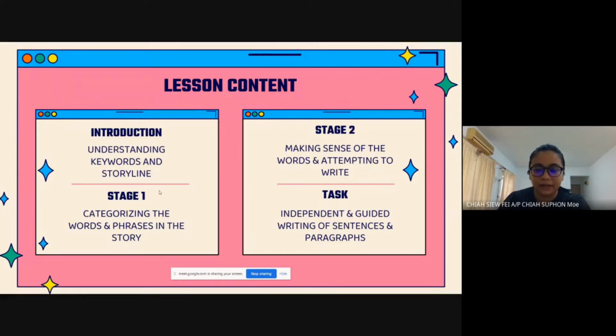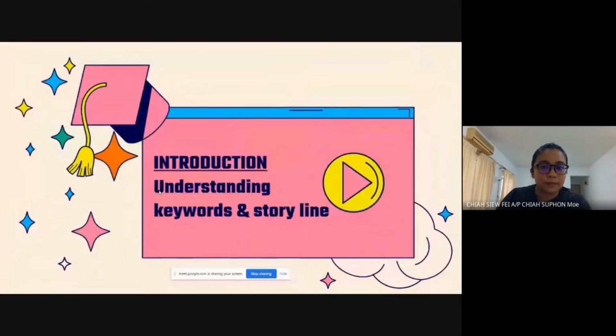By the end of the lesson, I will be guiding you through a brief writing task, independently and also guided, where you can write sentences and paragraphs using a writing template that I will be explaining soon. All right, so this is the first part of the lesson, the introduction to understanding keywords and storyline.